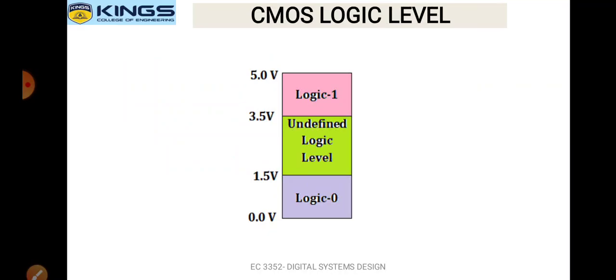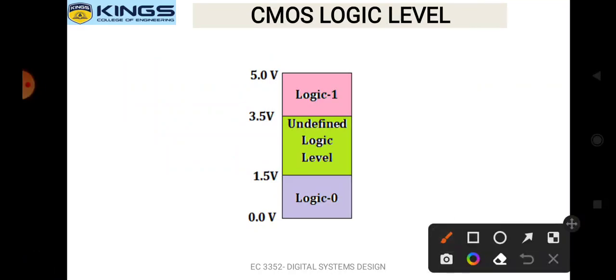Here there are three levels: logic 0 level, logic 1 level and undefined logic level. Here logic 0, that is 0.0 volt to 1.5 volt, is said to be logic 0 level or low level.